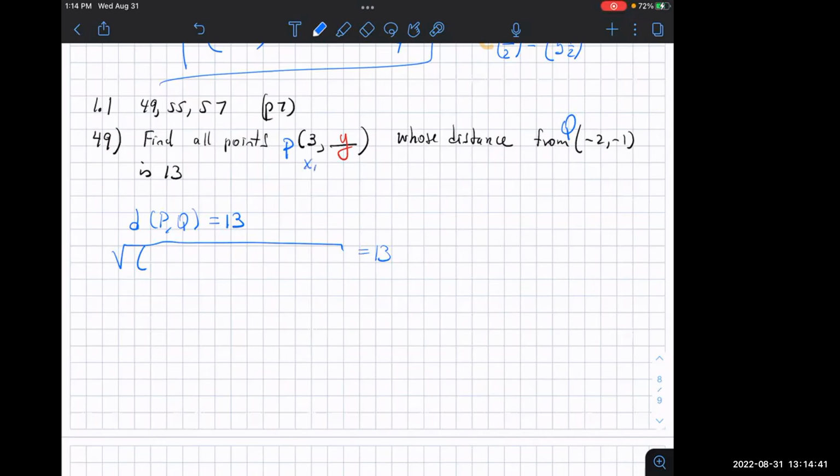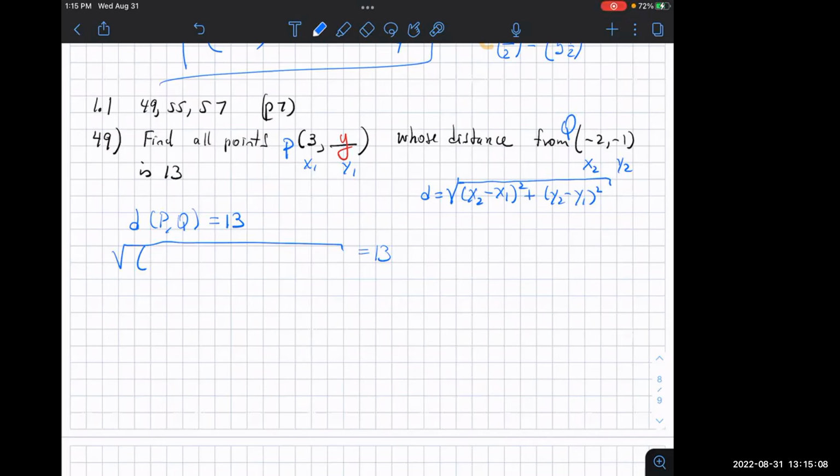So we can call this x1, y1, x2, y2. So we get the distance formula: square root of (x2 minus x1) squared plus (y2 minus y1) squared, and everything inside the square root.